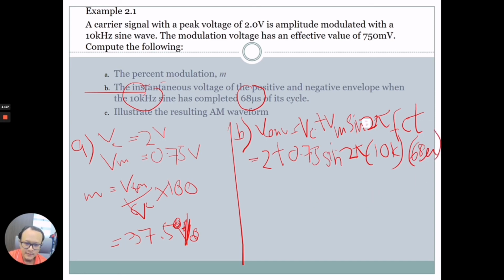From here I've calculated it is 1.32 volts. So this is the positive envelope. So the negative envelope should be minus 1.